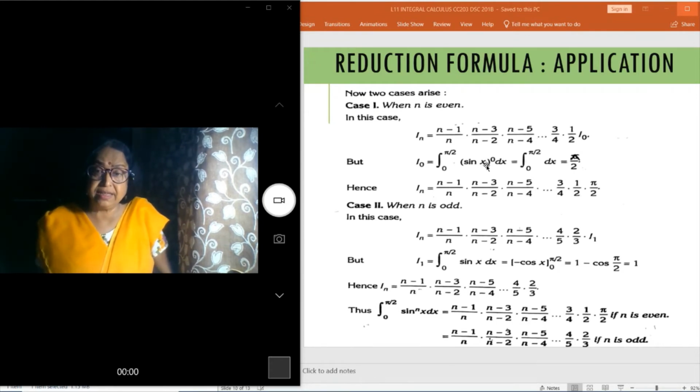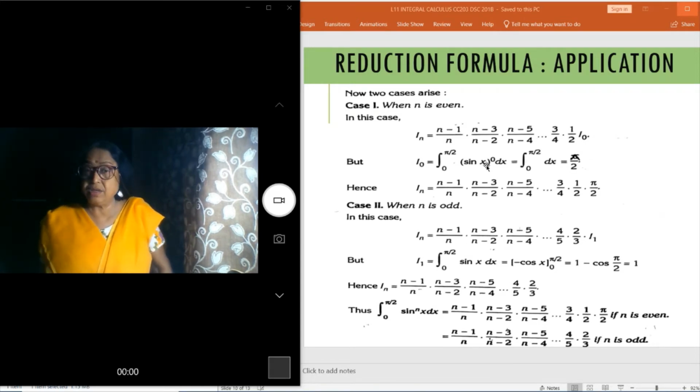When n is even, after proceeding this way, we get 3 by 4, then half, then lastly I0. Because here n minus 6, we are getting n minus 4, n minus 6. So if n is even, the last value will be I0. So we calculate I0.